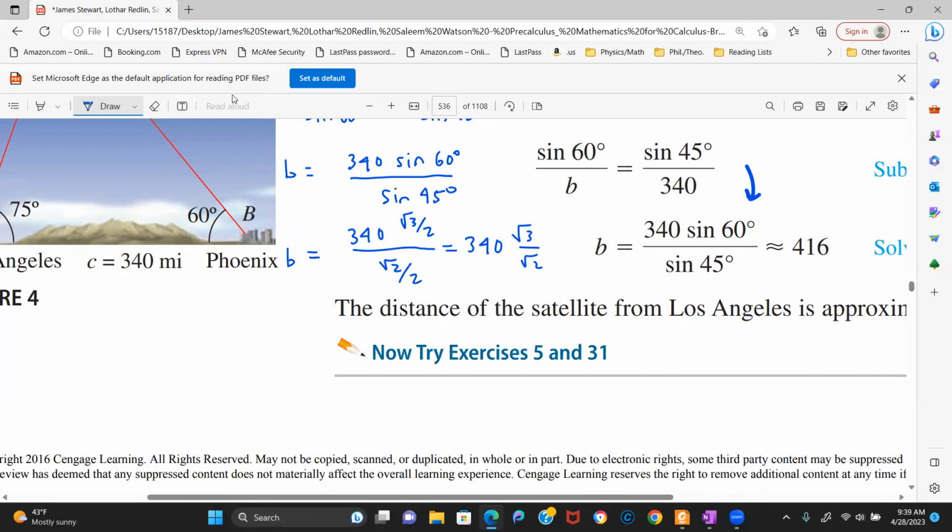It should be 340 times, and then in parentheses, we get root of 3 divided by root of 2. Yep. And I get approximately 416.